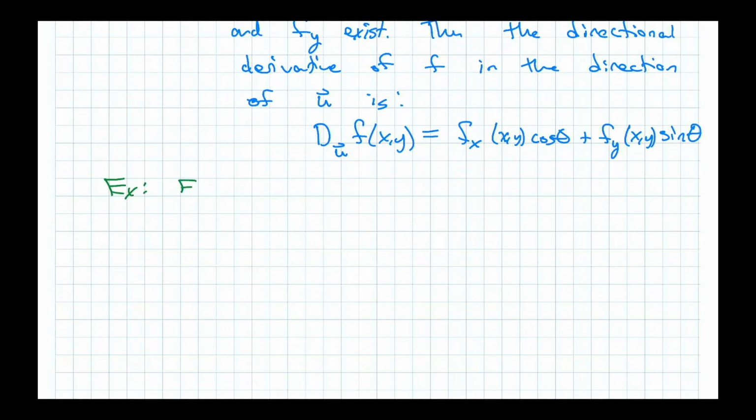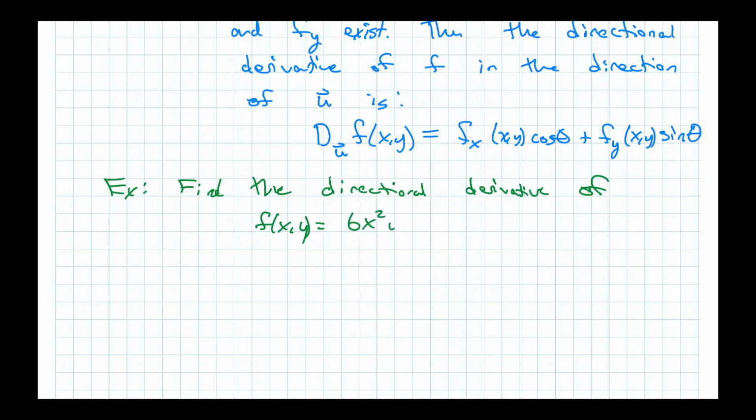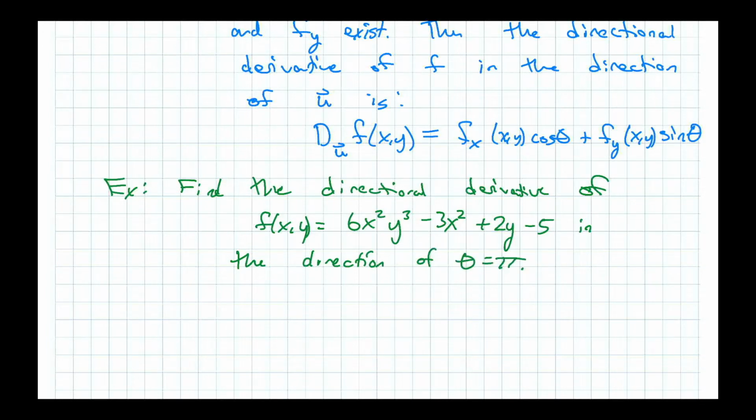They say find the directional derivative of f of x, y equals 6x squared y cubed minus 3x squared plus 2y minus 5 in the direction of theta equals pi.